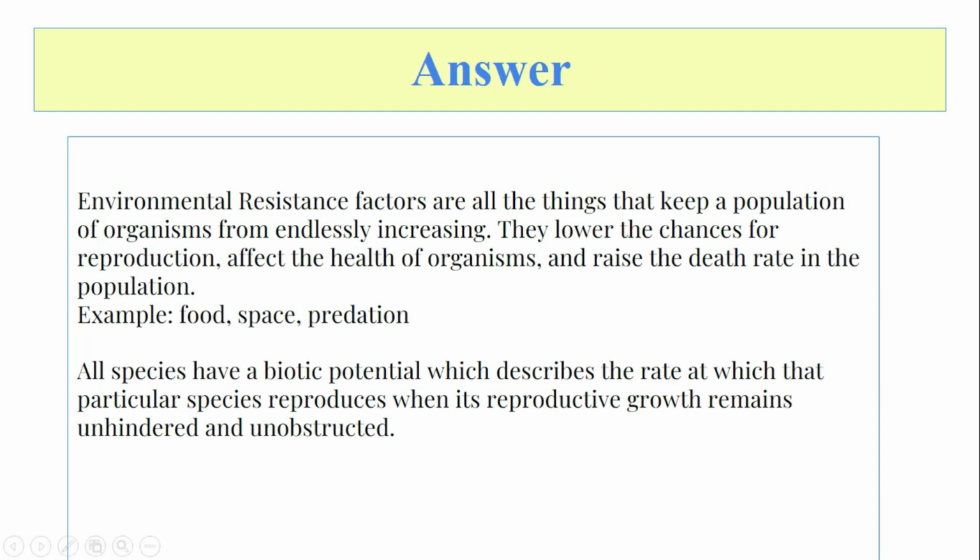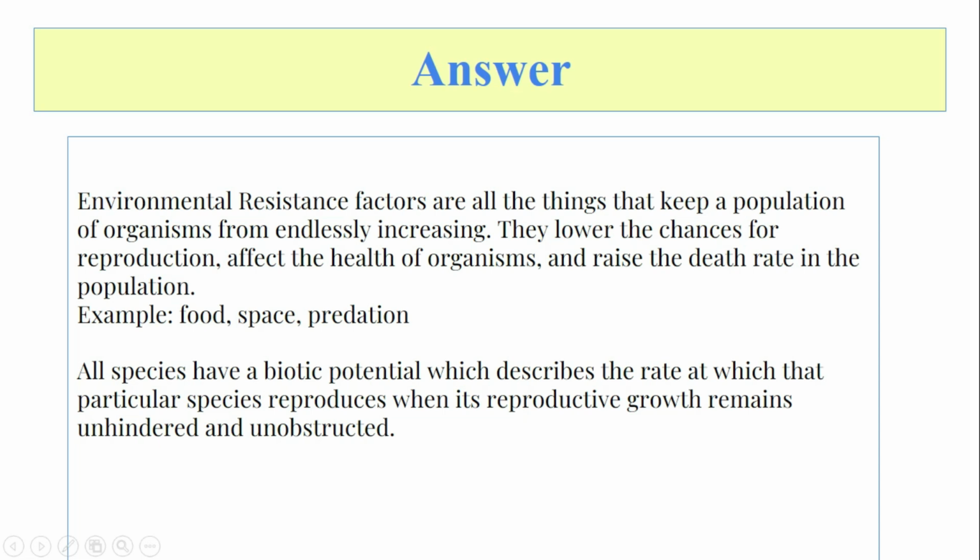So environmental resistance factors are all the things that keep a population or organism from endlessly increasing. They lower the chances for reproduction, affect the health of organisms, and raise the death rate in the population. For example, factors that can limit population growth include food, space, and predation.